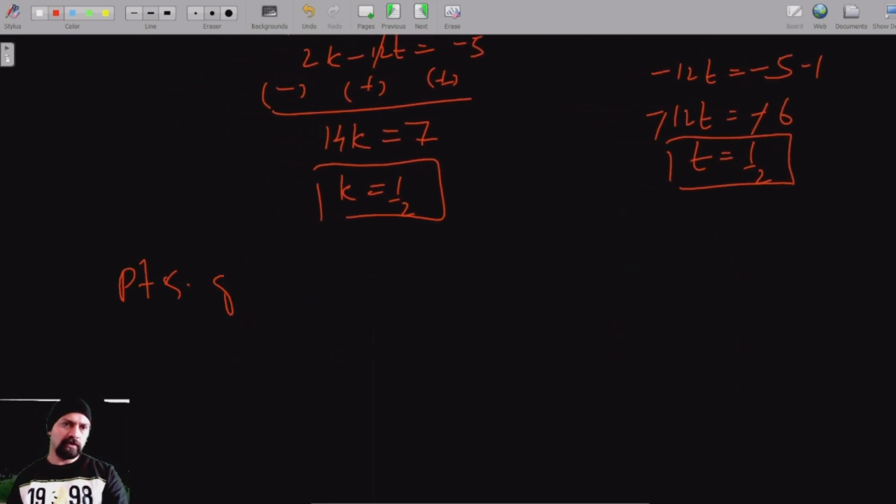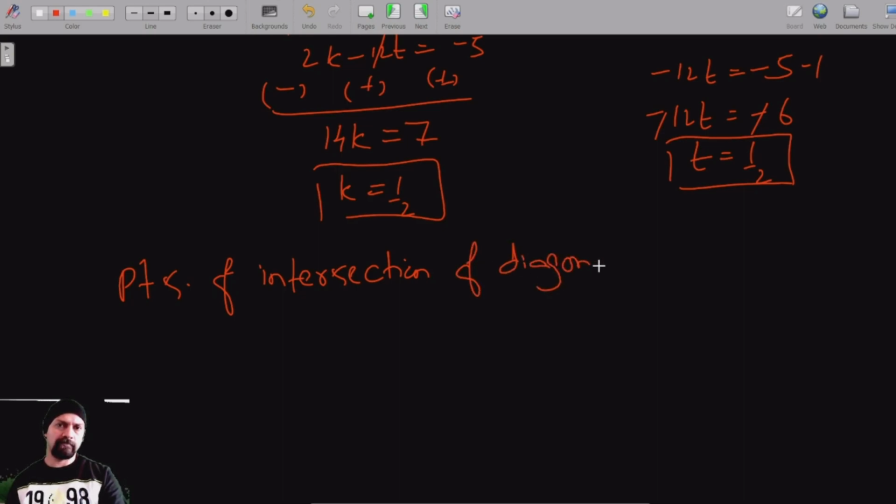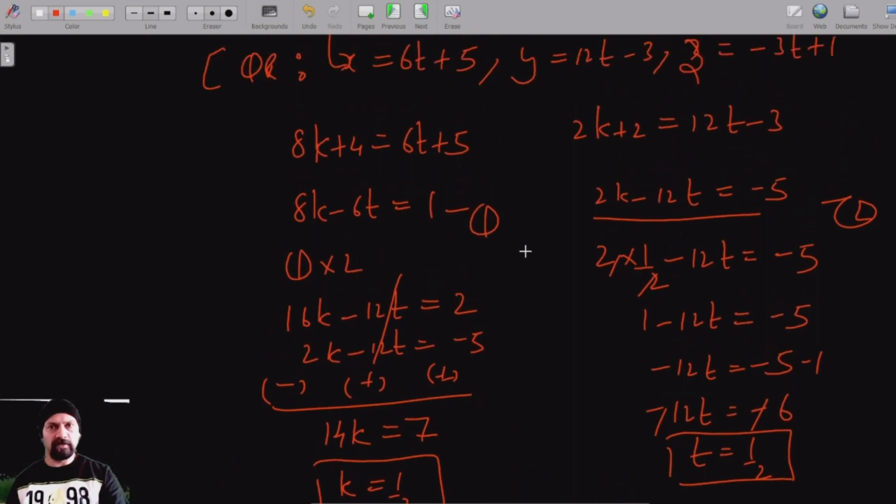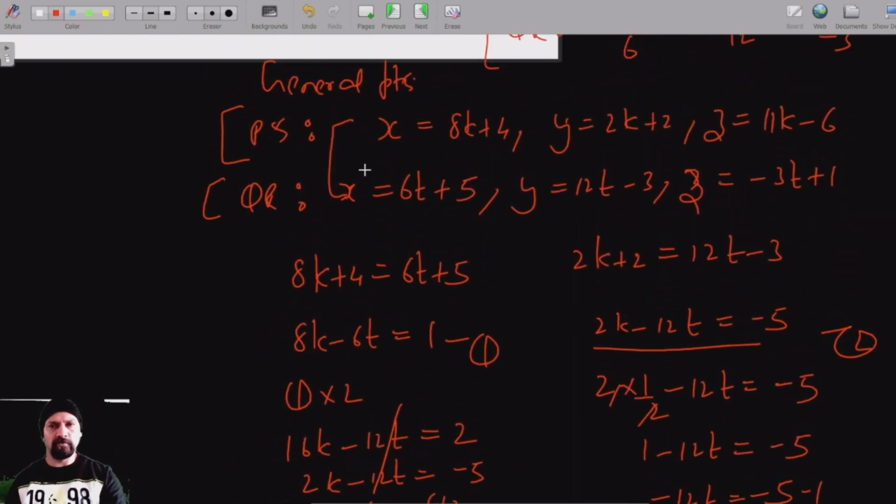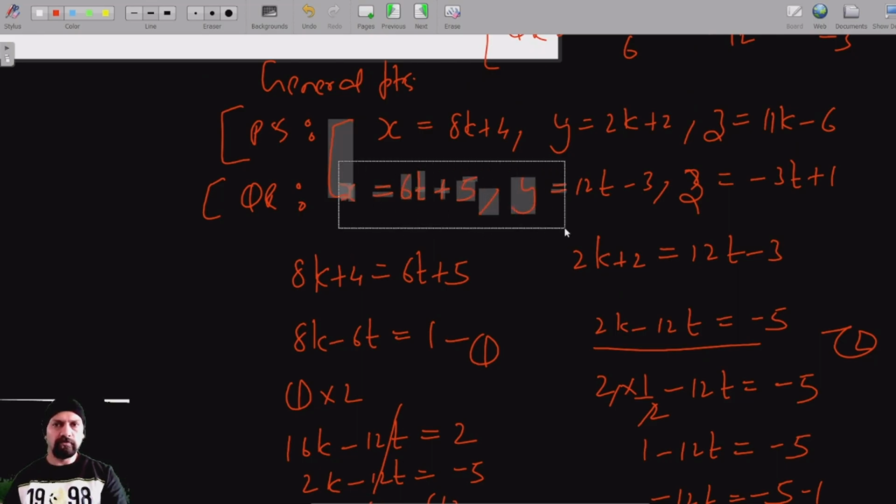So now let's find the point of intersection of diagonals by replacing the values of k and t. We can take any of these points, so let's take these points.